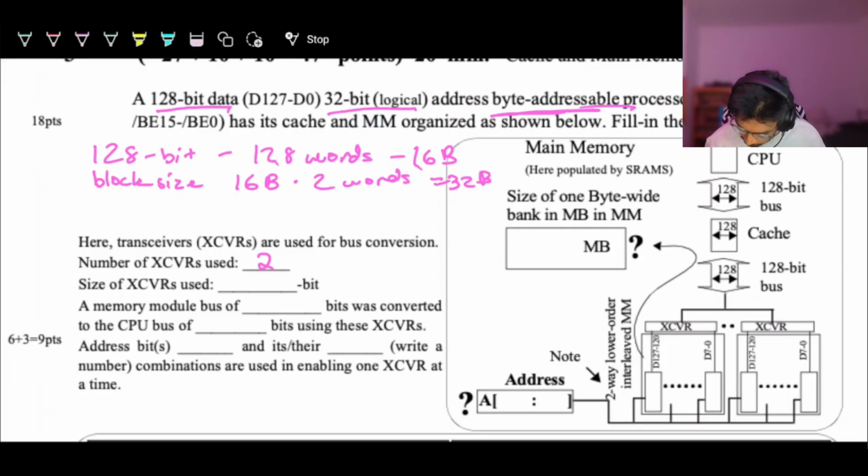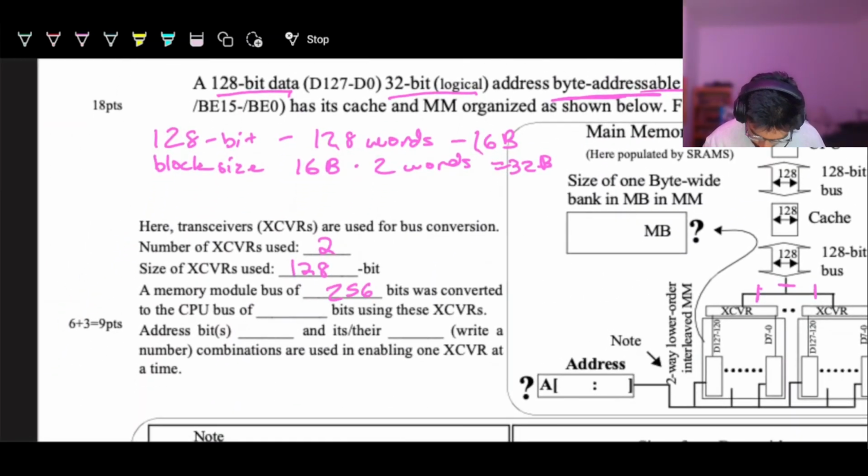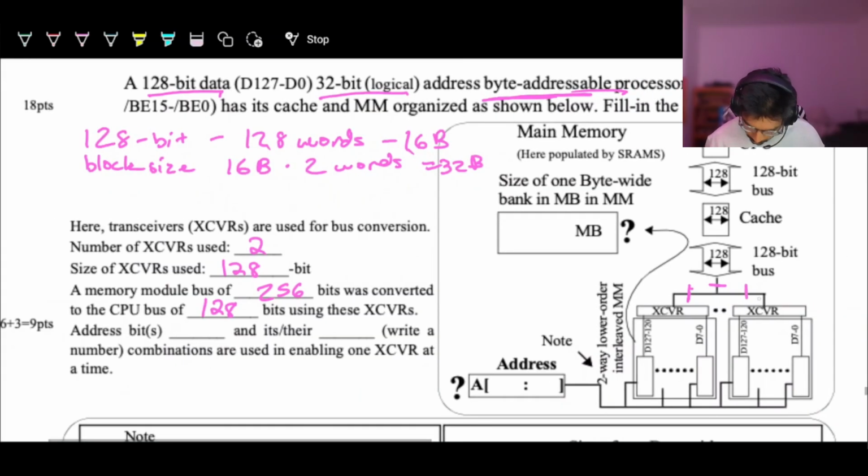And each transceiver needs to take in a 128-bit bus input, so they're of size 128 bits. But the memory module here is a bus that turns 128 bits into another 128 bits and another 128 bits, so that's 256. So it goes from 256 bits to convert from the CPU bus of 128 bits.